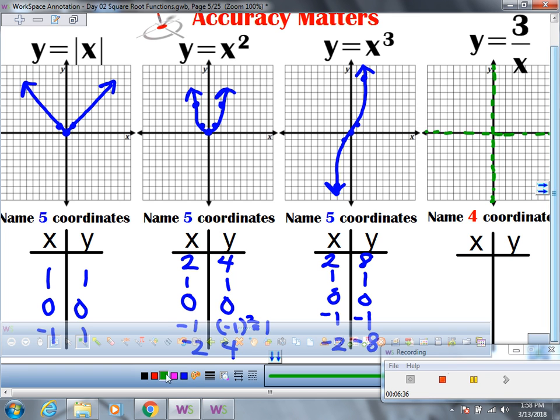But there is a stretch of 3. Instead of going over 1, up 1, I go over 1, up 3. And instead of going up 1 and over 1, I go up 1 and over 3. Same thing in the negative direction. 1, 2, 3, 1, 2, 3.